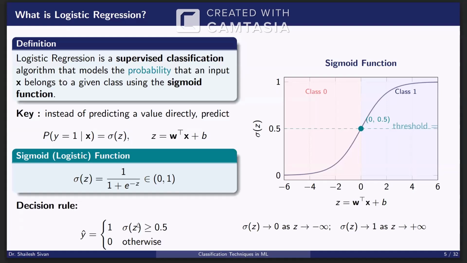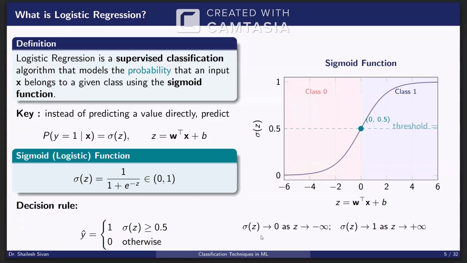The decision rule is that if the sigmoid value is greater than 0.5, it belongs to class 1, and otherwise it belongs to class 0. This is called the threshold. So the threshold is 0.5.